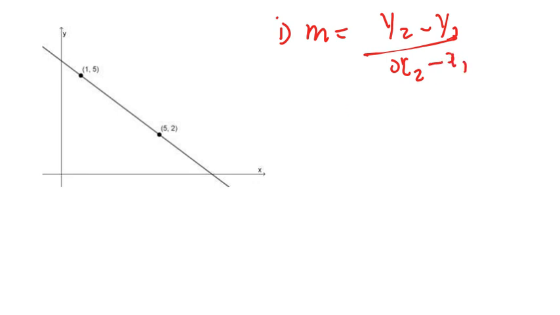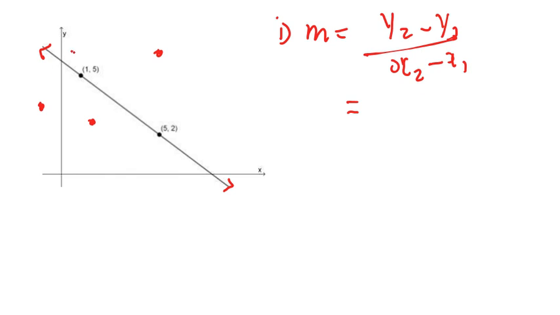The points that you must use must be points lying on the graph, not just any point that you can find. The first thing you must do is label your points so that you can easily substitute.